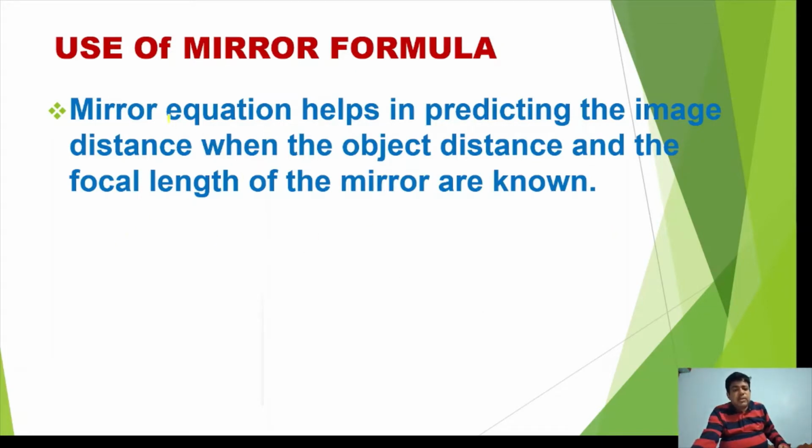The mirror equation helps in predicting the image distance V when the object distance U and the focal length F of the mirror are known. We can find the image distance if the object distance and the focal length are known.